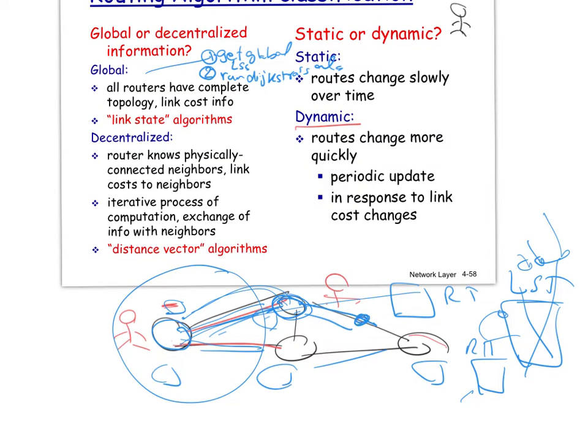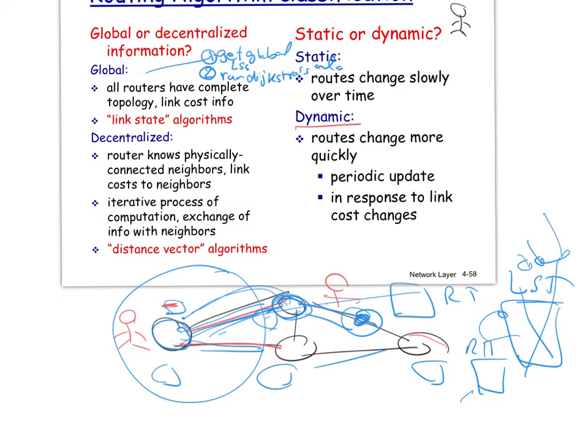This router knows the cost of the directly connected link, and it will ask the next one. So the next one will have to ask the next one, and so on. So I always accumulate the cost in a distributed way, in a decentralized way, right? But I do not maintain any link states. I do not maintain a global view. Is the difference clear? I do not maintain any global view, right?